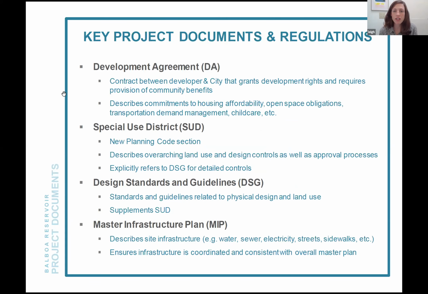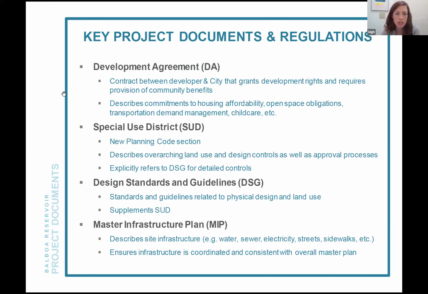The key project documents and regulations that these approvals will entitle, we have gone over this slide before, and you've had a deep dive into a number of these documents. Later on tonight, we will talk specifically about the development agreement. So we have the development agreement, which is the contract between the developer and the city that grants the development rights to the development team and requires the provision of community benefits.